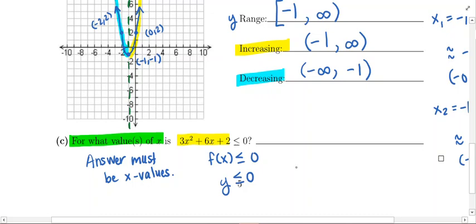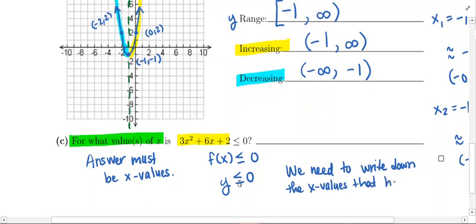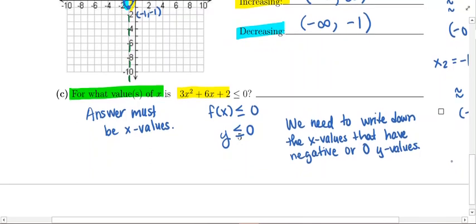So we need to write down the x values that have negative or 0 y values, because your inequality symbol here is less than or equal to.